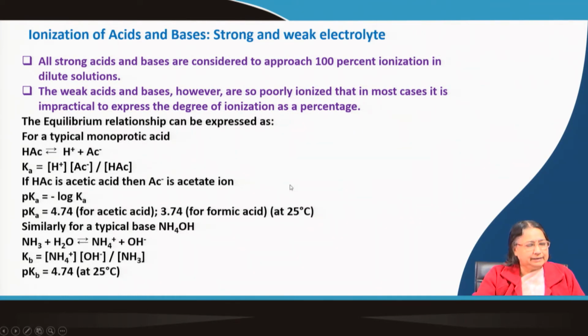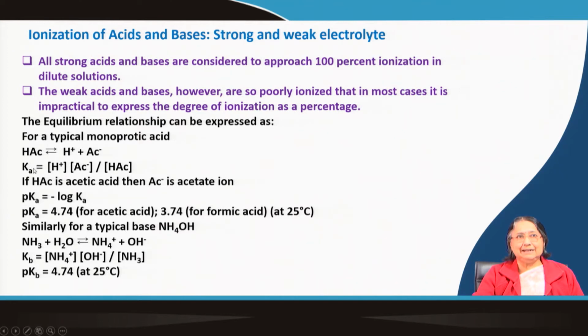Now, here as the example I have shown a monoprotic acid, say, acetic acid, CH3COOH. Because it is not 100% dissociated, we must consider the equilibrium constant, which is usually expressed as Ka.